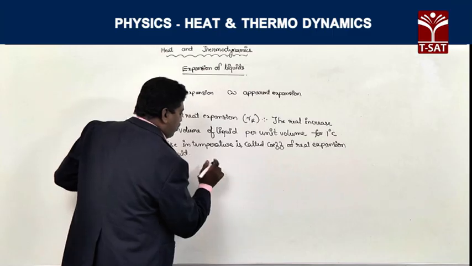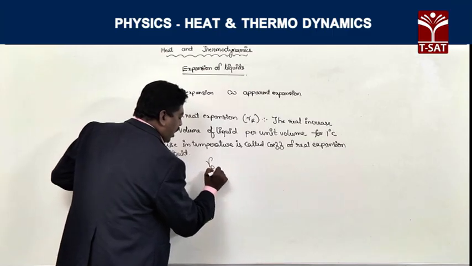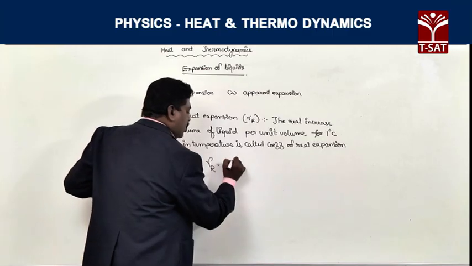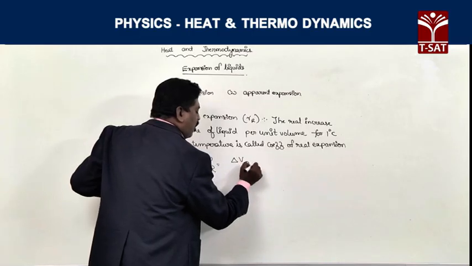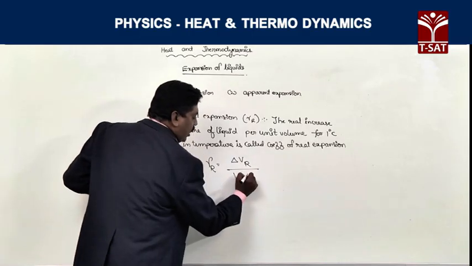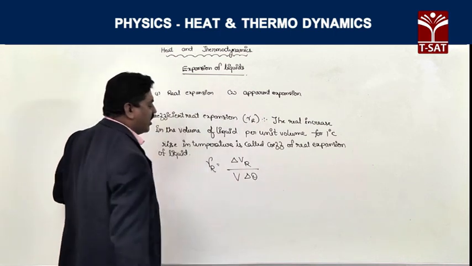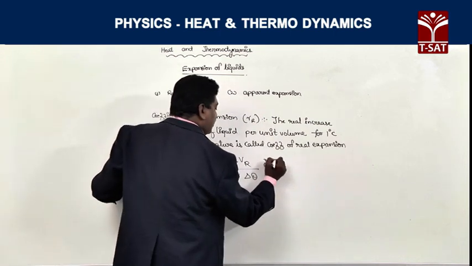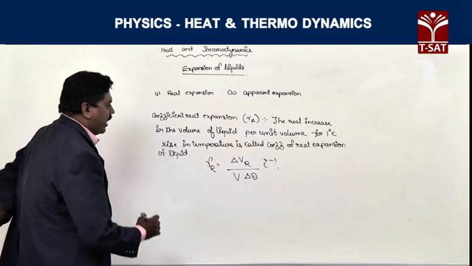It is given by the formula gamma r equals real increase in volume delta Vr by initial volume V into change in temperature delta theta per degree Celsius.